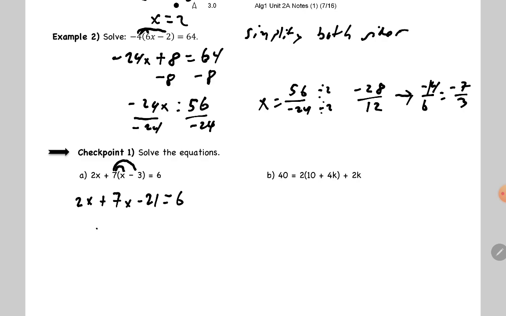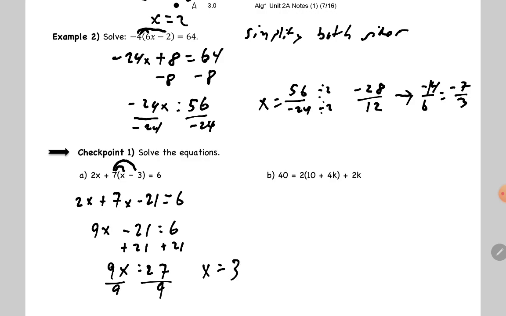So add our like terms. So I get 9x minus 21 equals 6. Now I'm going to add 21 to both sides and get 9x equals 27. And we finally get x alone by dividing both sides by 9. x equals 3.